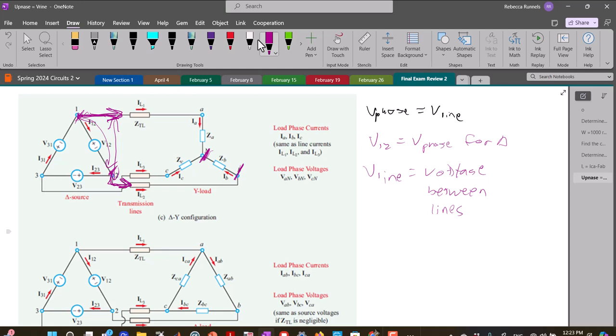So that is true for delta. Now it's not true for Y, because if you look at Y, the voltage between these 2 points is not the same as the voltage between the 2 lines, which would be line 2 is here and line 1 is here, and so the voltage between those is not the same.